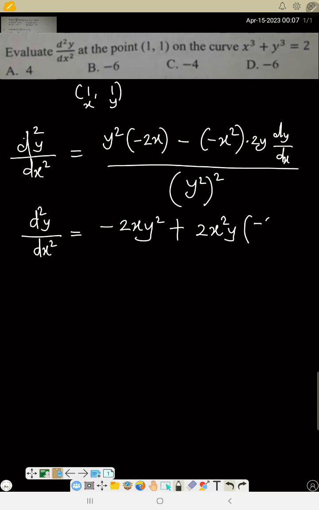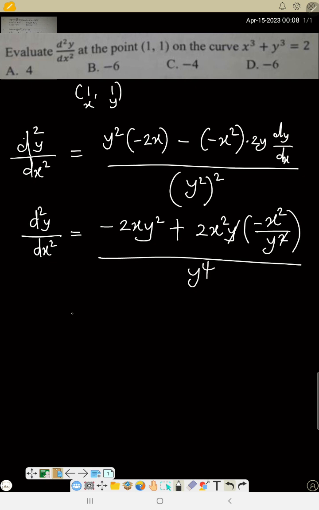Remember, our dy ds is minus s squared divided by y squared, so we've shown that. So you will notice one y will cancel out, one y there, so everything divided by v squared, that is y raised to power 4.